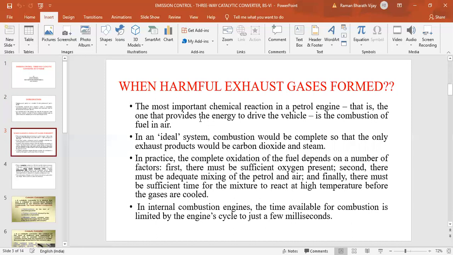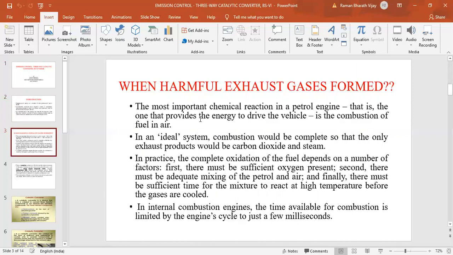If the combustion is not regular, if it is burnt in an irregular manner, then these harmful gases will be exhibited.